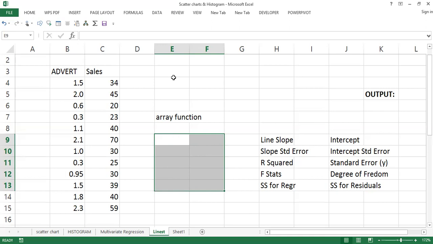To use the function, you start by selecting the cells, the range where you want the output to be displayed. That's the first thing you do. Then you click in the formula bar and type your function.